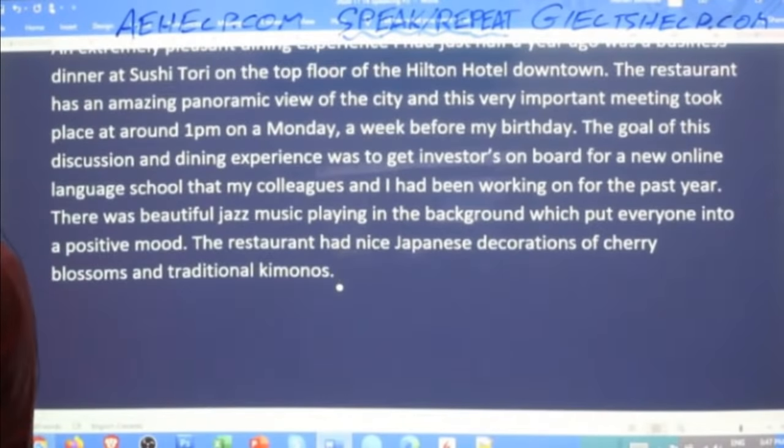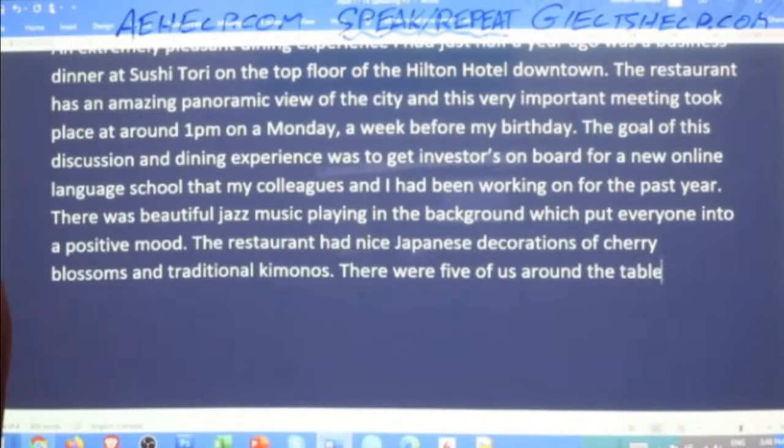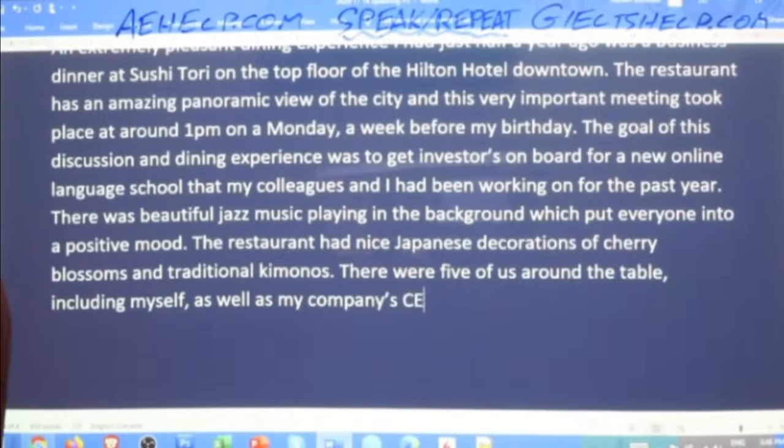So there were 5 of us around the table, including myself, as well as my company's CEO, CFO, and 2 investors from KMPG.